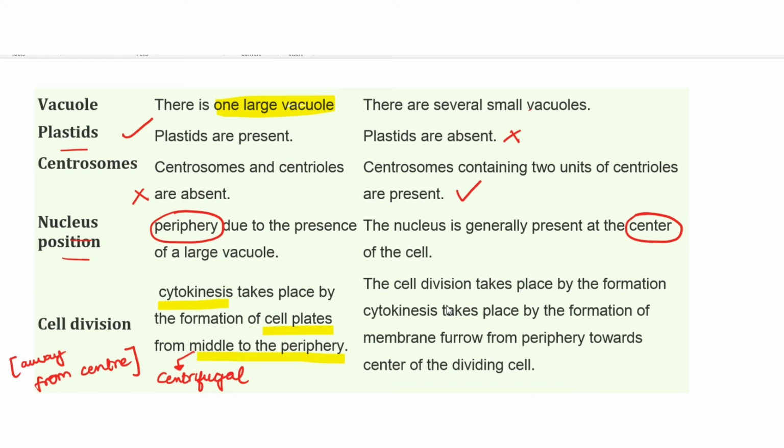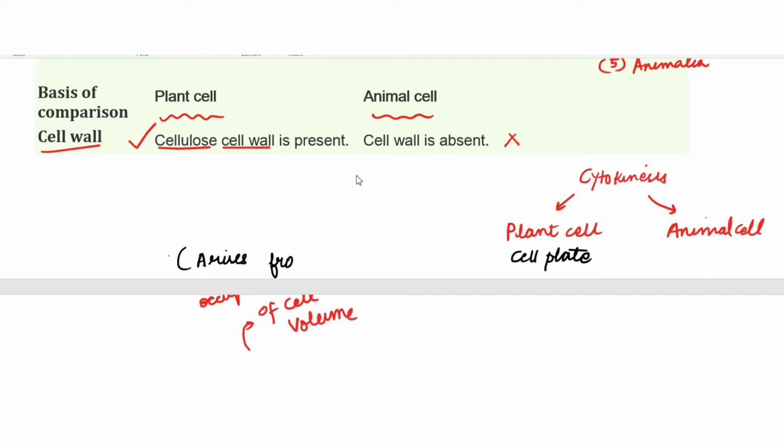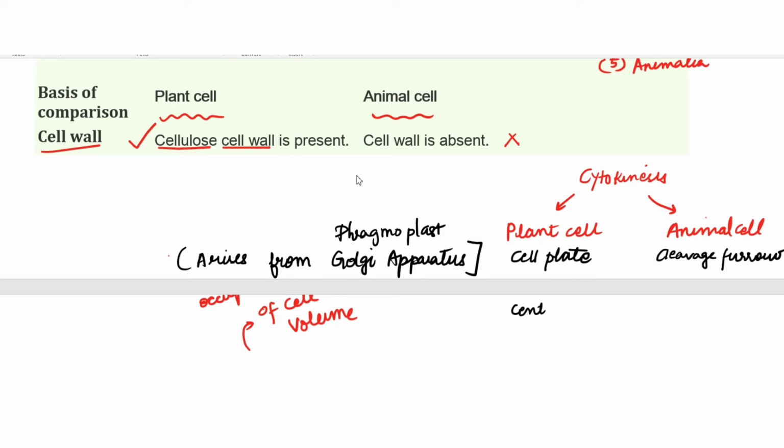So remember this important difference: cytokinesis in plant cells occurs by cell plate formation, which arises from the Golgi apparatus or the phragmoplast, and is centrifugal in nature, away from the center, whereas in animal cells it occurs by cleavage furrow formation, centripetal in nature.